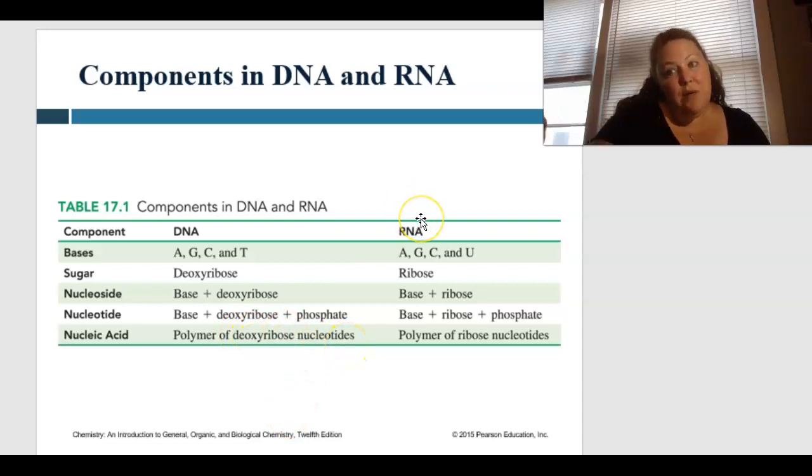Where RNA, remember, is our little bit of a diva, that has A, G, C, and U, and our sugar is ribose. The nucleoside is a base plus a ribose. For the nucleotide, it's a base, a ribose, and a phosphate. And for the nucleic acid, it's a polymer of ribose nucleotides.